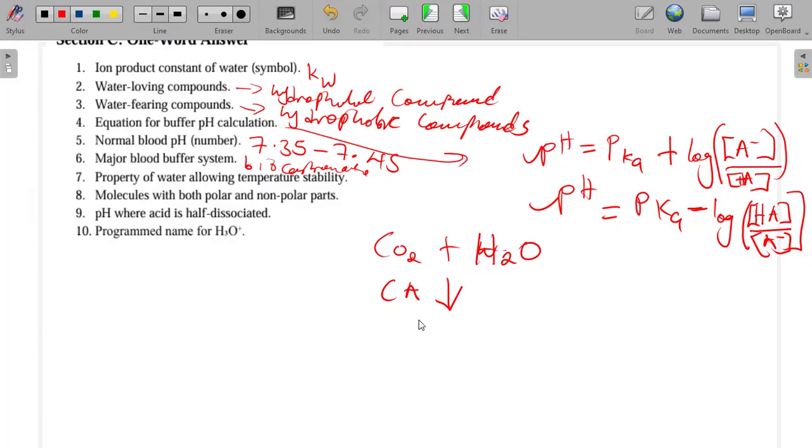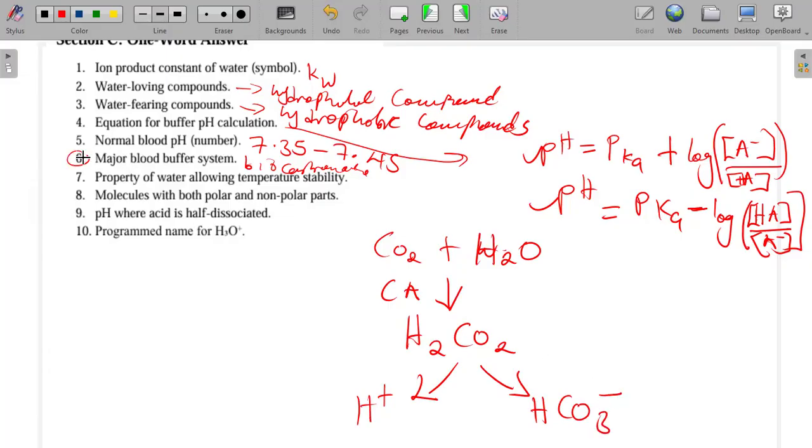Okay, so that gives us carbonic acid, right? Which is able to dissociate into two. We can have hydrogen ions and bicarbonate, right? So that's the main buffer system that we have there. Okay, so that's for this question.